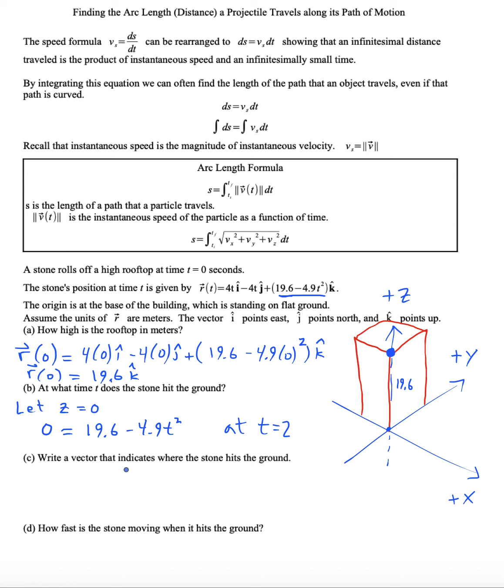Now we want to write a vector which indicates where our stone hits the ground. So using our work from above, we want to let t be 2 because that's when it hits the ground. So let's find r of 2 then.